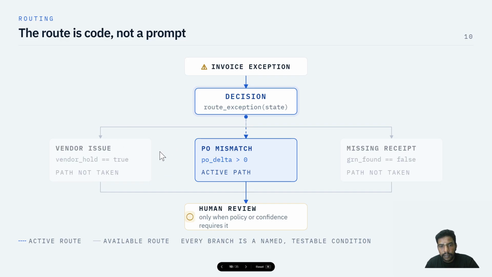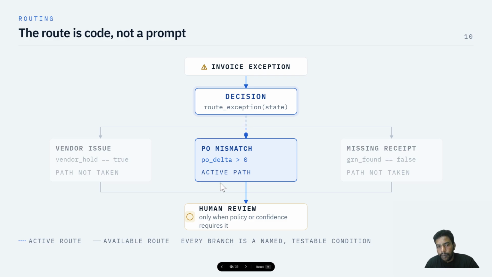In this run, the purchase order is greater than zero, so this active route is the mismatch path. The other two are available but not taken, and I have deliberately muted them so you can see the decision rather than the diagram.